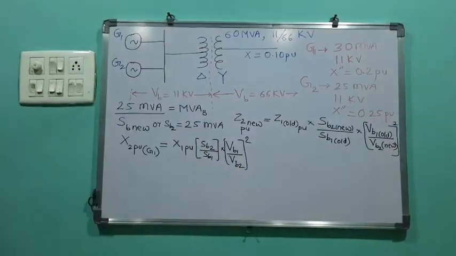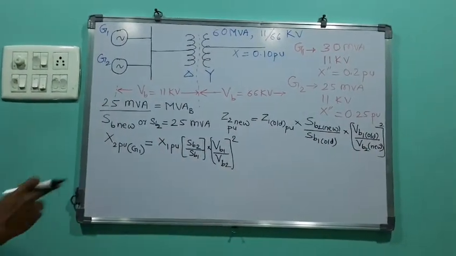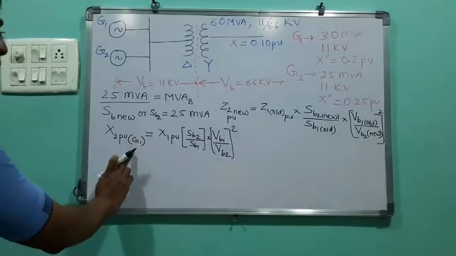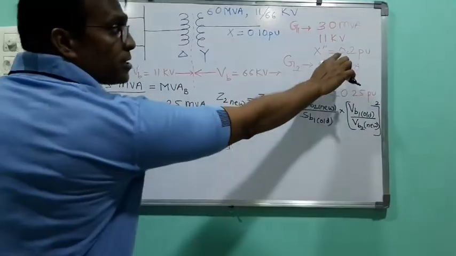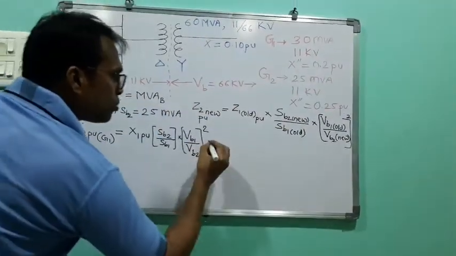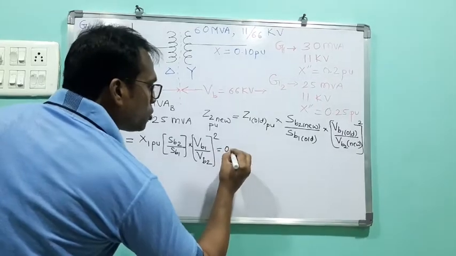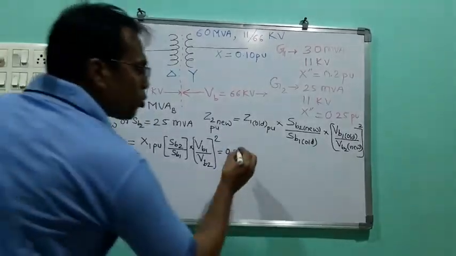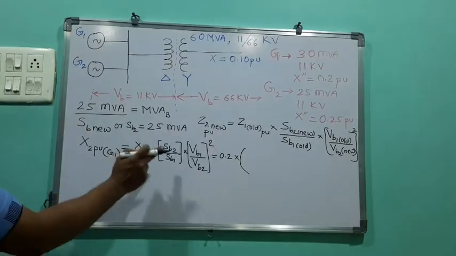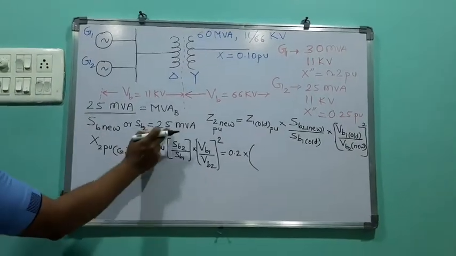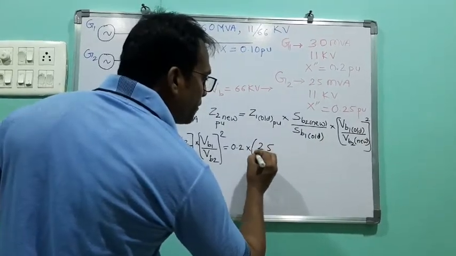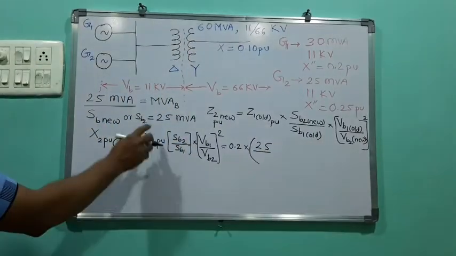So now you have to put the values in this particular formula. What are the values? X1 for generator 1 is nothing but 0.2. So that is equal to 0.2 multiplied by SB2, that is the new value of base, 25, divided by SB1.